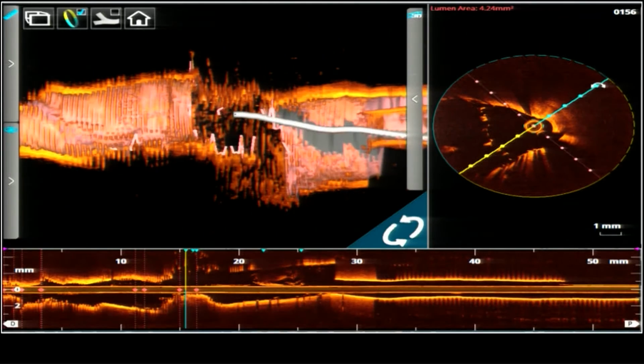Whatever struts we get across the side branch are because we crossed in a non-ideal cell, probably something very distal, the endmost strut. We tend to get such connecting carina struts across the side branch.